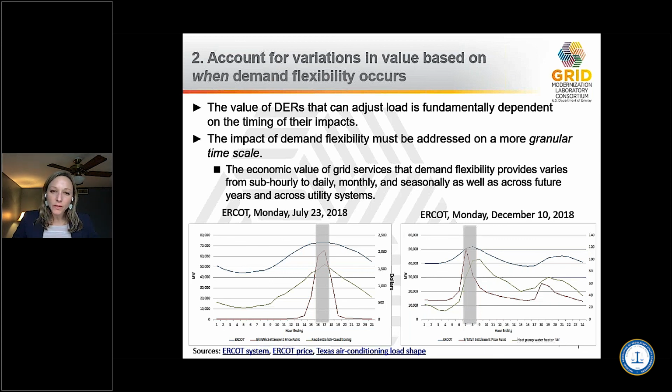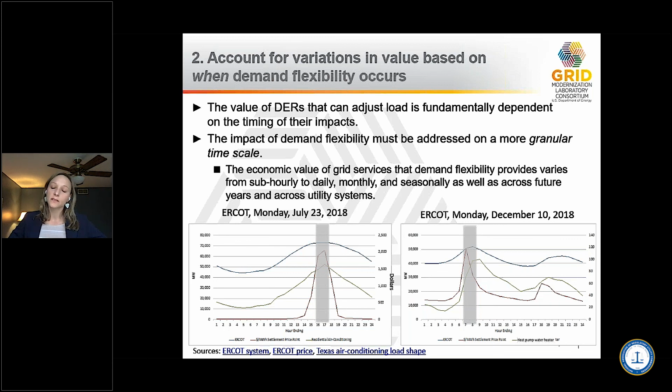And for the images, the charts that are on this slide, there's two y-axes. The left one on both charts is the megawatts, and it's dollars on the right. And these are ERCOT systems. The one on the left is from the summertime, and the one on the right is from the winter. The blue line in both of them is the ERCOT system shape, and the red line is the dollar per megawatt hour settlement price.